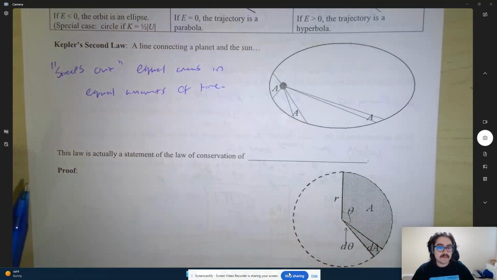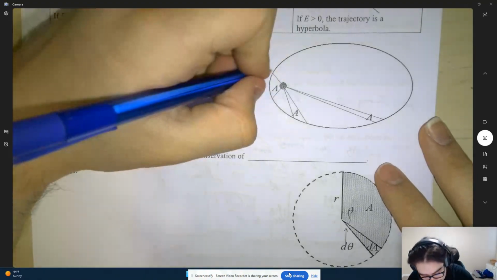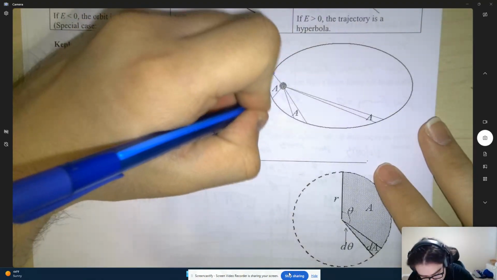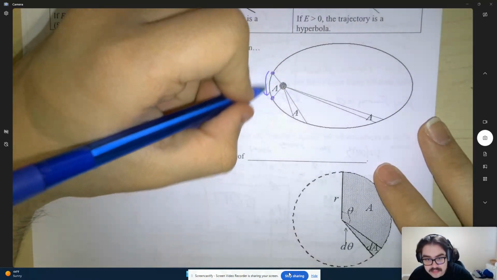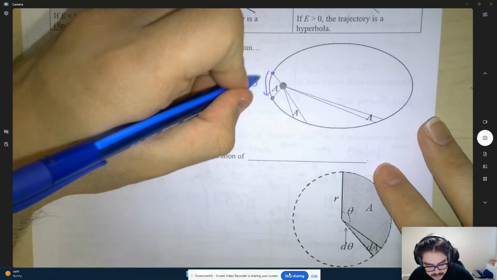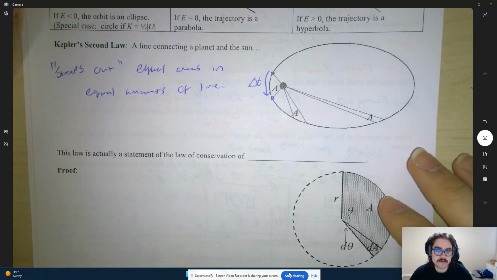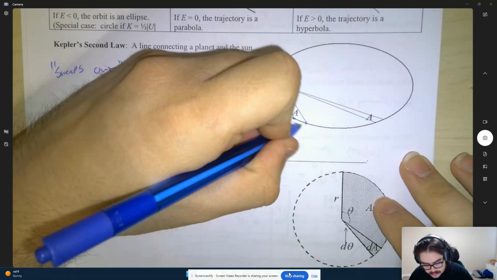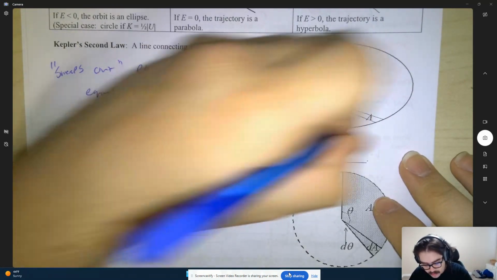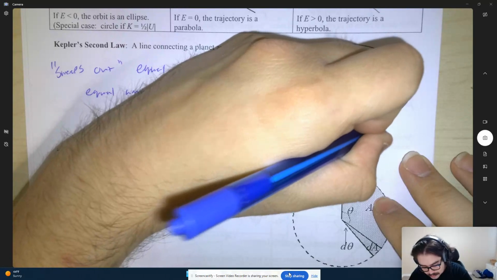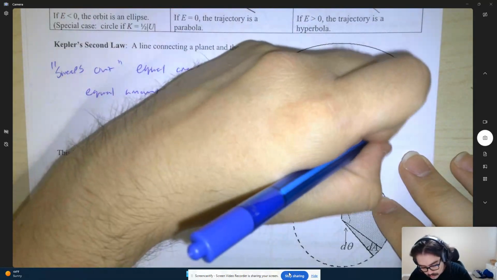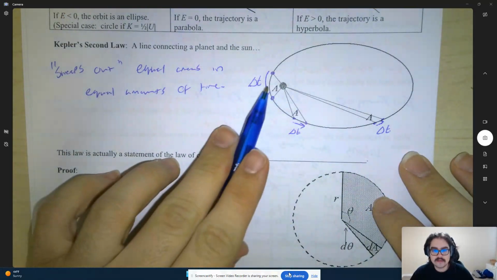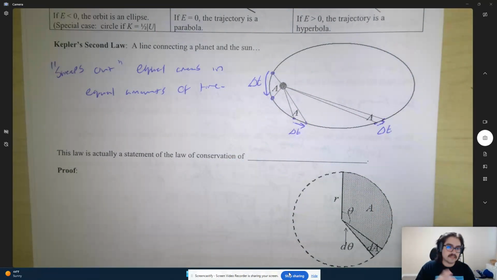So that's saying that, for example, a planet that's orbiting right here completes this trip right here in a time interval delta t, but it's also taking that same interval delta t to complete this part right here, and it's taking the same delta t to complete this part right here. So all of these areas are identical to each other.